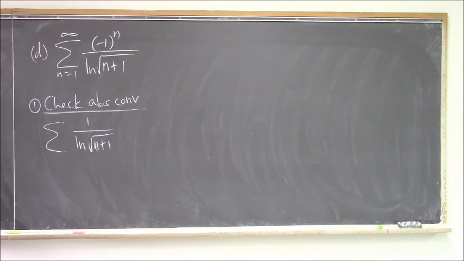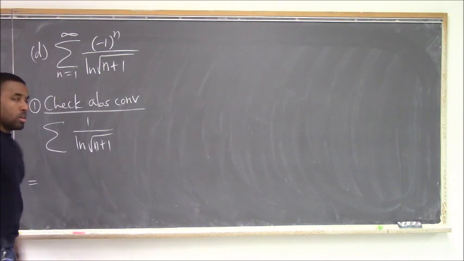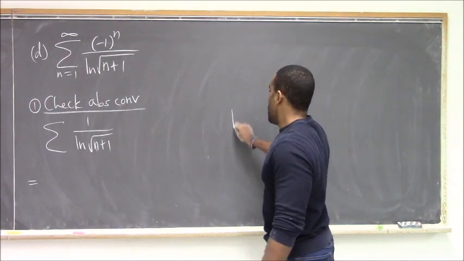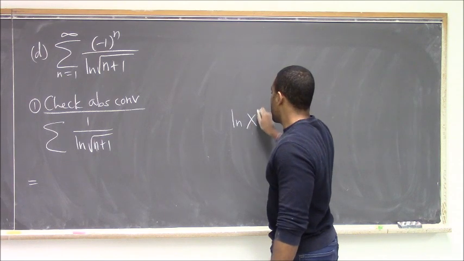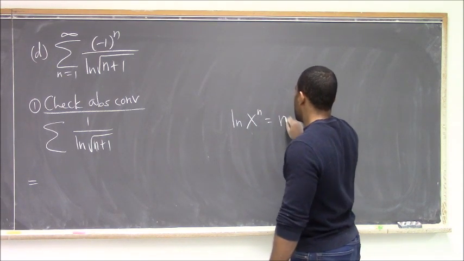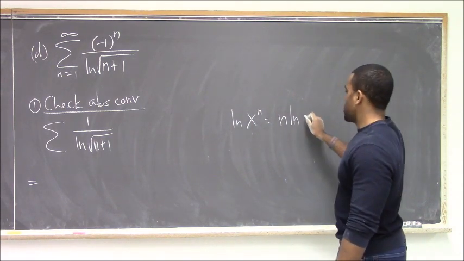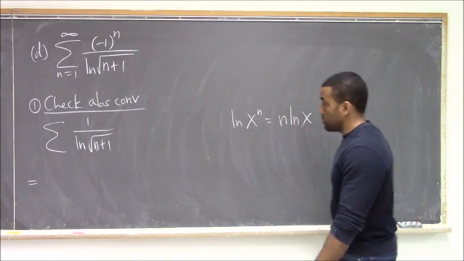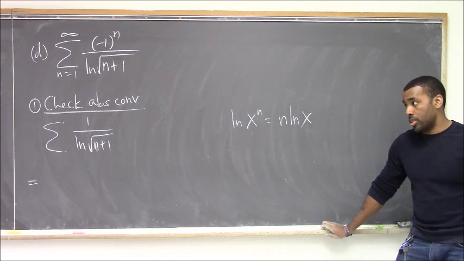Now, here's something that you can remember. We have a log rule. Ln of anything to a power, you can bring that power down in front of the ln. This works for logs in general, but it's true here, for example.